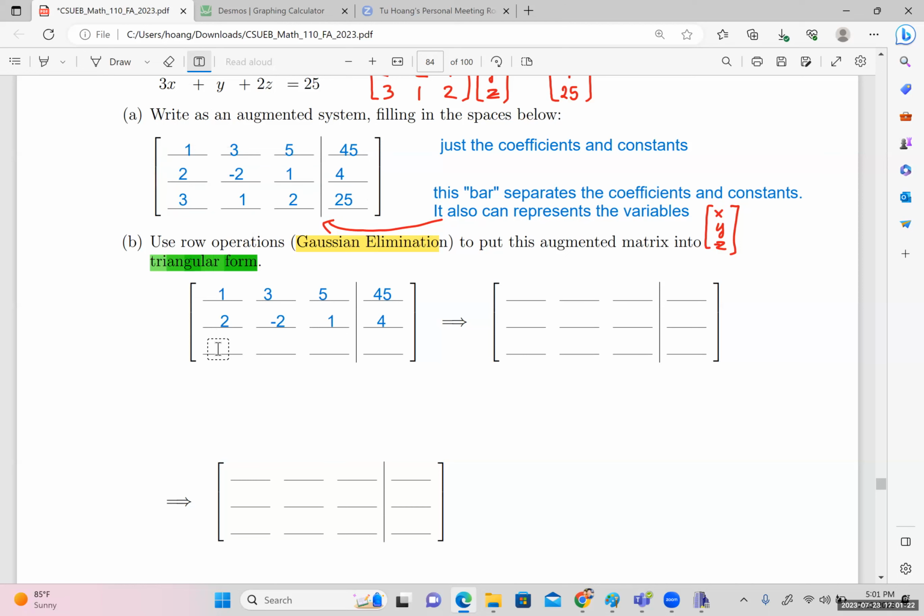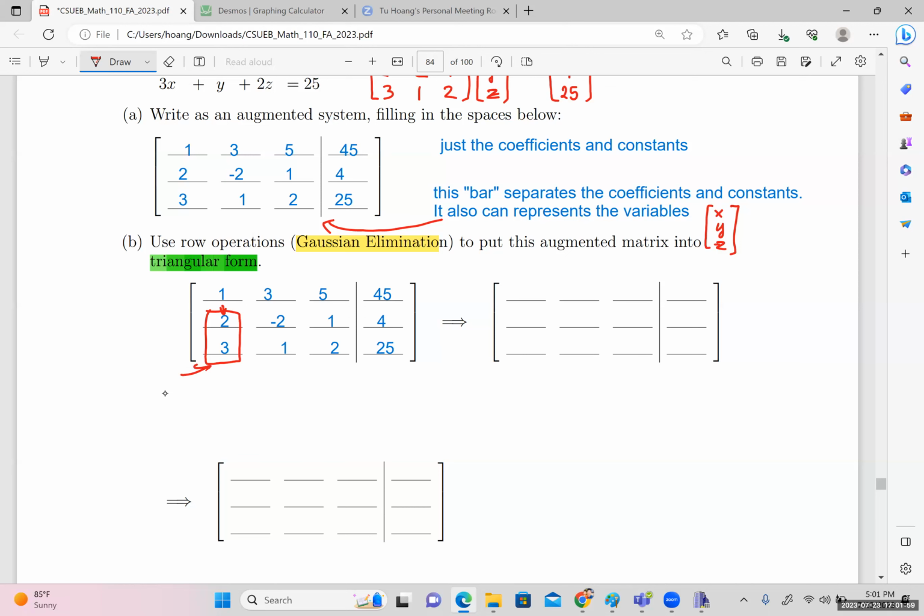All right, so what I want to do for the next step is eliminate all the numbers under the first entry of the first row.